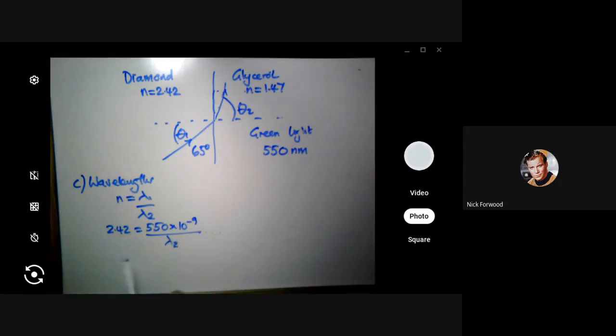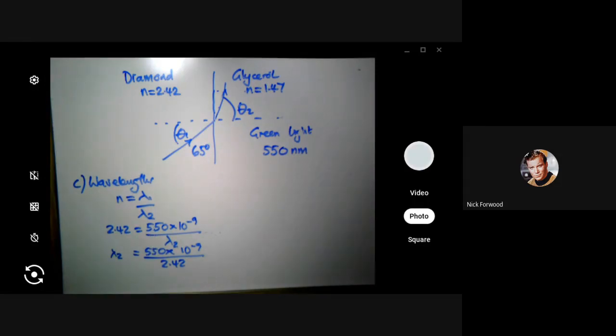Rearrange that formula. Make lambda 2 the subject of the formula. Lambda 2 is 550 times 10 to the negative 9 divided by 2.42. Don't let any mathematician tell you need to change this to 5.5 times 10 to the negative 7. And you've always got to have a decimal point there. That's just not true in physics.